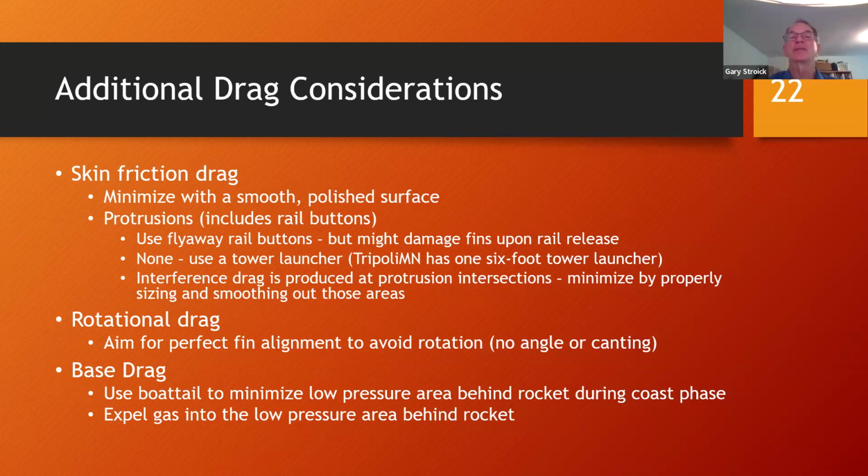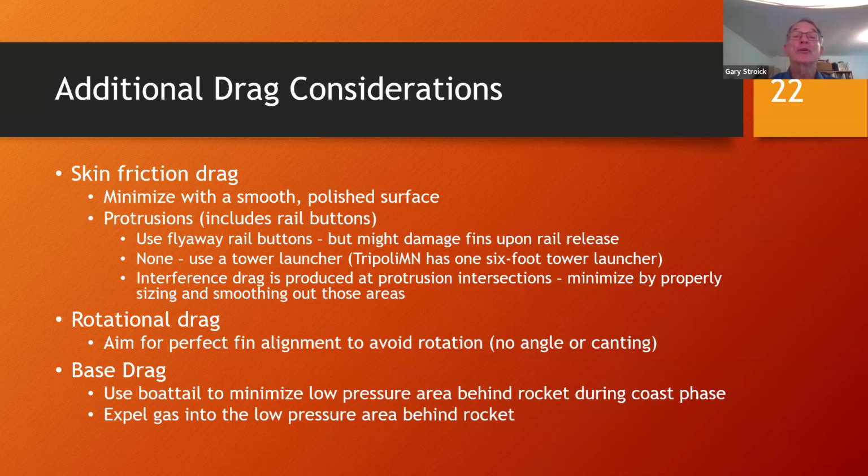That should be the radius, between 4 and 8%. That's work that NASA has done in the past, and that's how I make all my fin fillets.